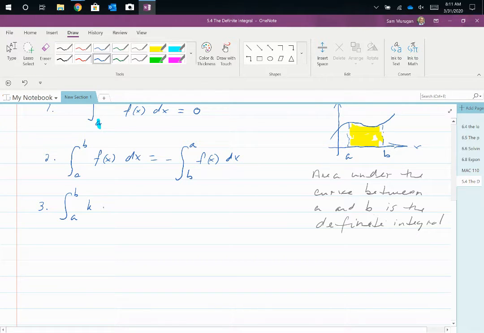If there's a constant with the function, you may put that constant outside, and multiply it by the quantity that you find for the definite integral. K is a constant.